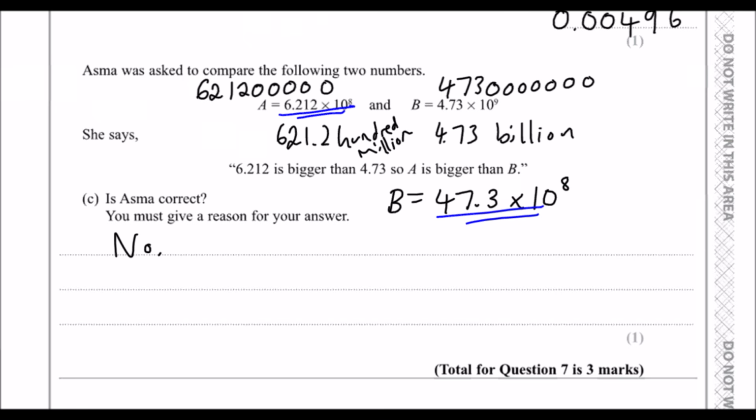So any of these reasons will work. So which one should I write? So 47.3 times 10 to the power of 8 is bigger than 6.212 times 10 to the power of 8.